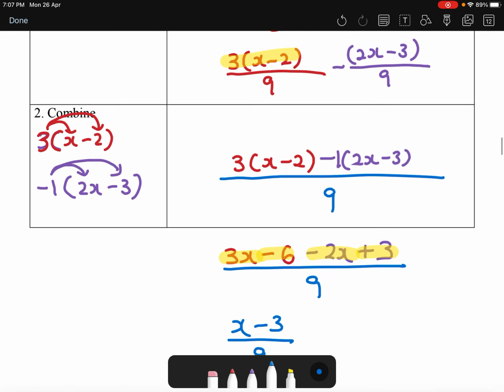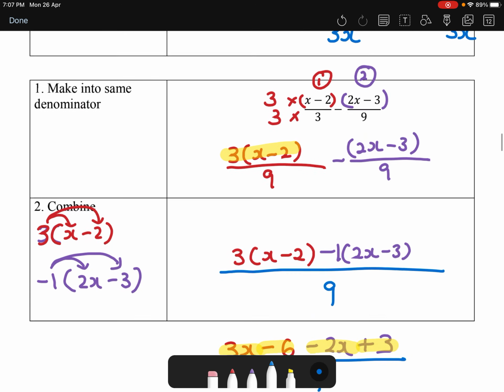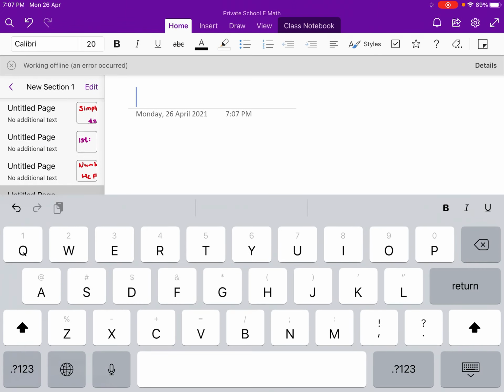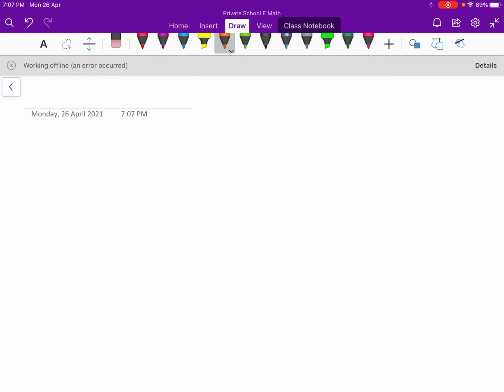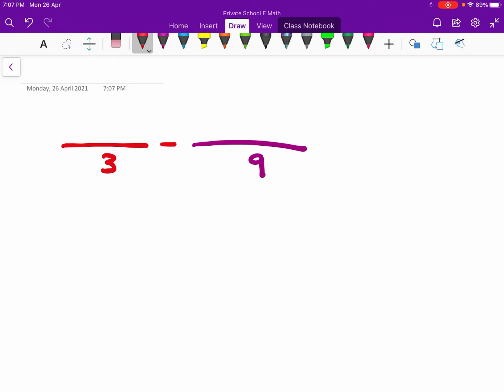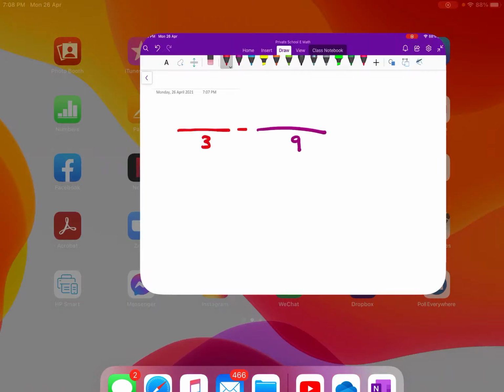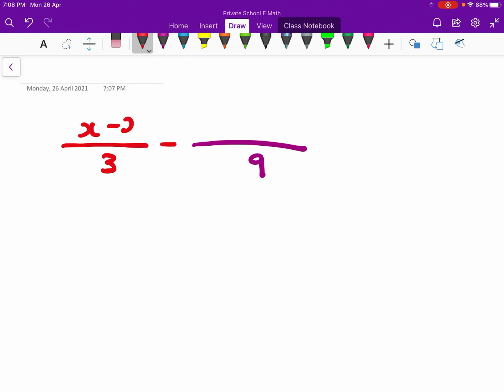Imagine you don't put a bracket. Let me copy this here. So we go back to the original expression: x minus 2 over 3 minus 2x plus 3 over 9.